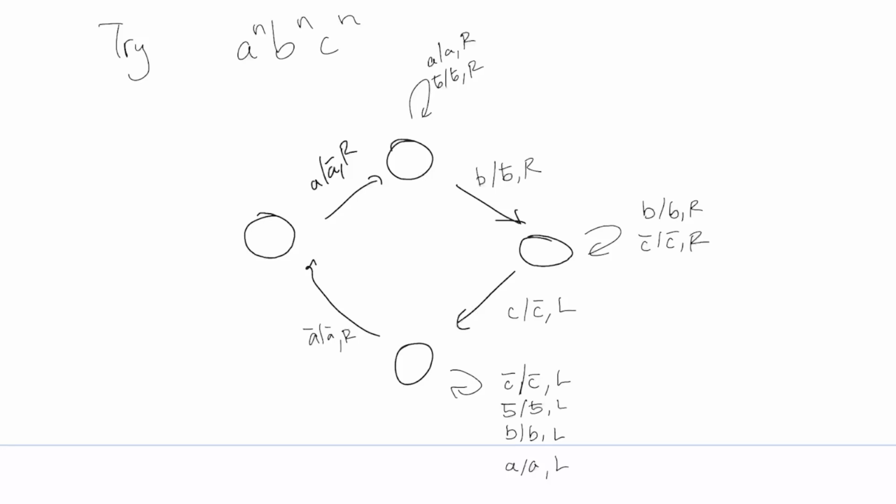And as I was going around, it looked like people did great here. So you mark an A, and then I move to the right through other A's and perhaps marked B's, and then mark a B, and then keep going here.